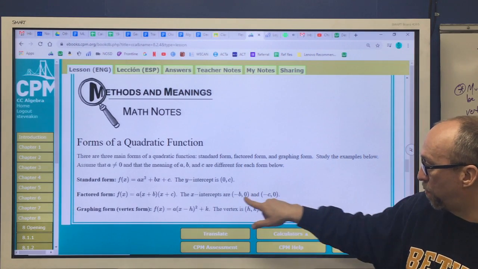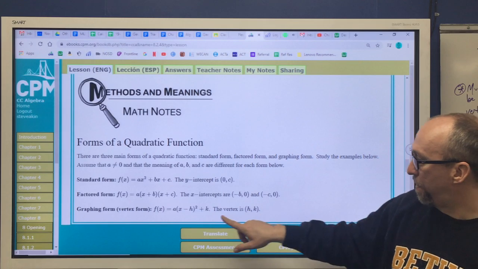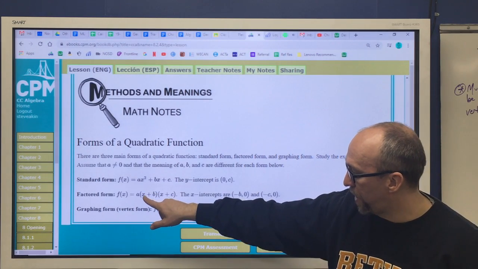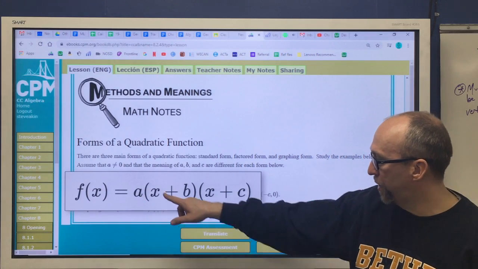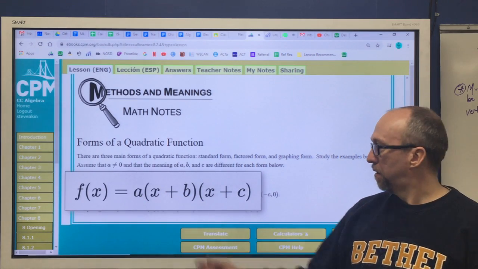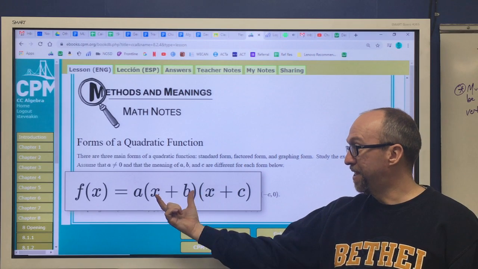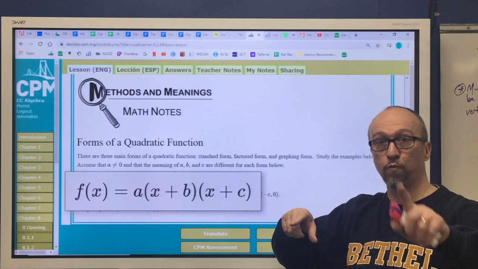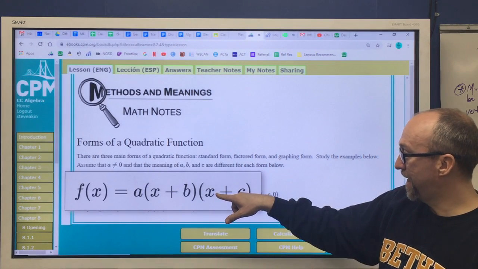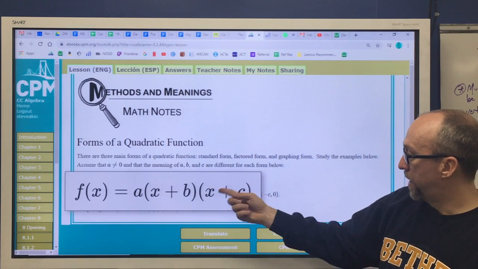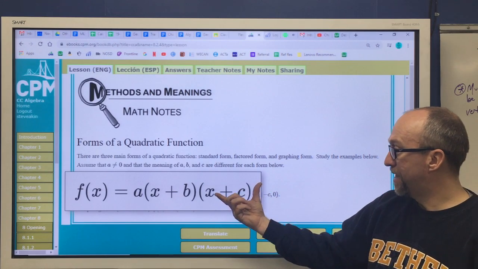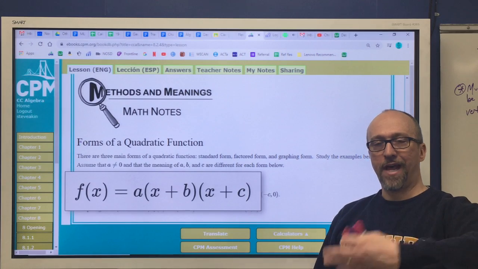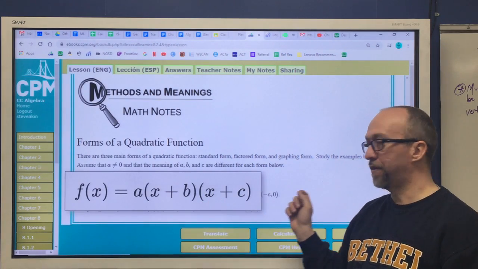I'm going to talk more about where they got that in a second, but if you put a negative b into that, negative b plus b gives me 0. Remember, the x-intercepts are also called the zeros or the roots. If I put a negative c in there, negative c plus c is 0. Times anything is just 0, so that again must be the zero of this equation.